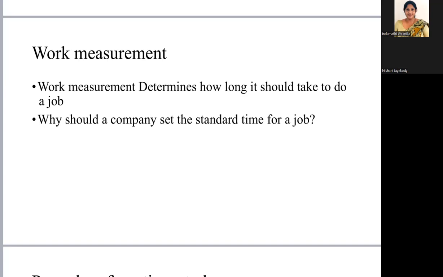So next, why should a company set the standard time for a job? Why is it needed? Companies use standard time for costing, evaluating, and planning. When costing a product, a company includes labor in the total cost estimate.